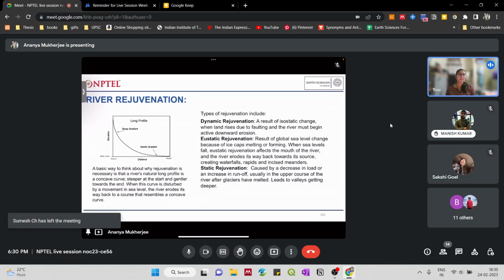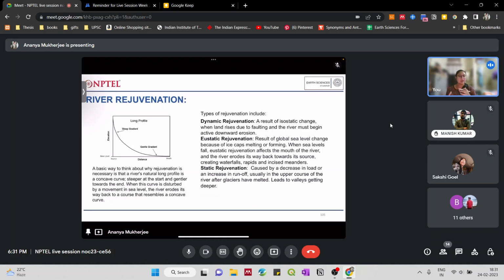So why is it important to understand river rejuvenation, or why does it happen? The river throughout its course will maintain a concave profile that we see over here. It will start with a steep gradient, where the rate of sloping of the area is more, and then it moves to the gently sloping areas having gentle gradient.